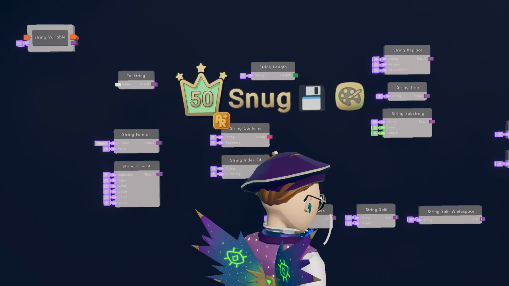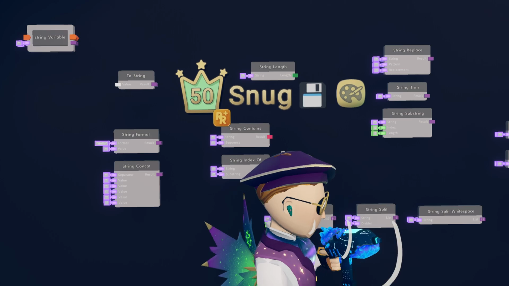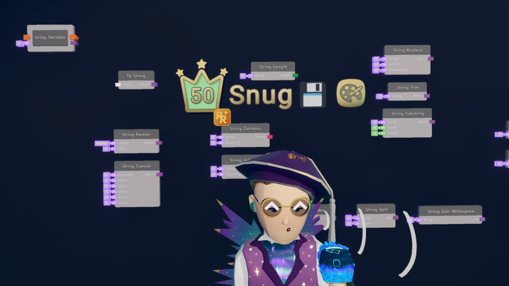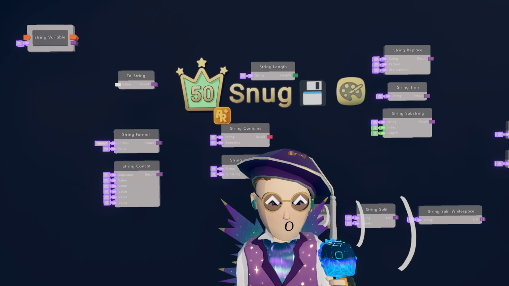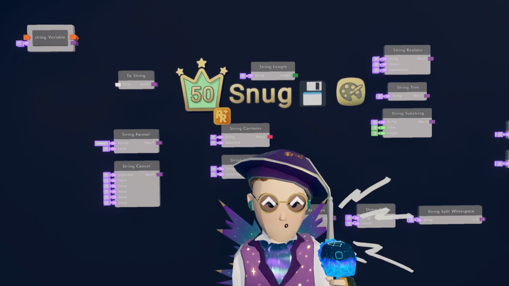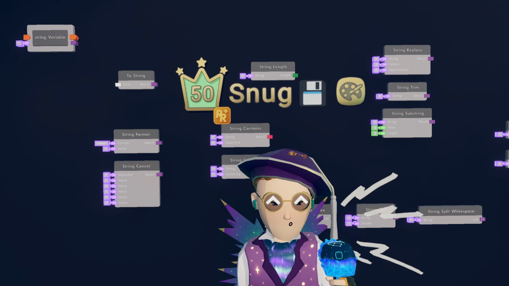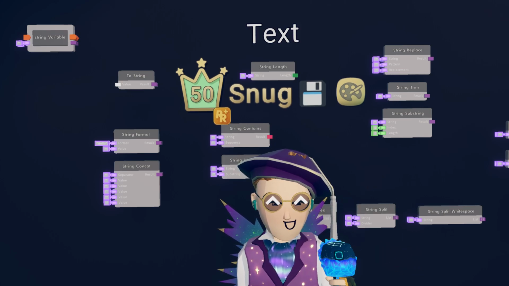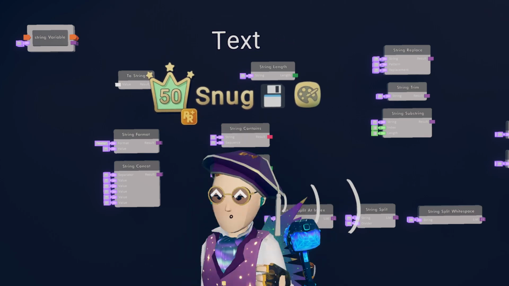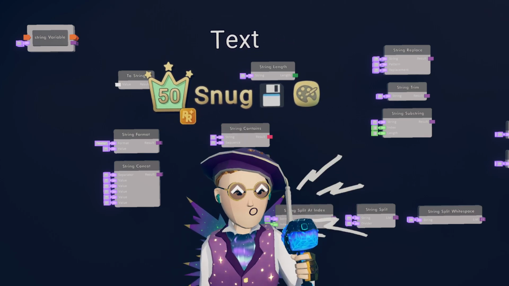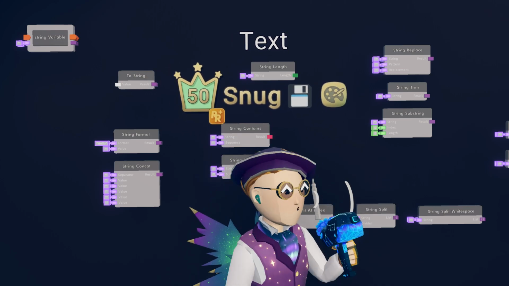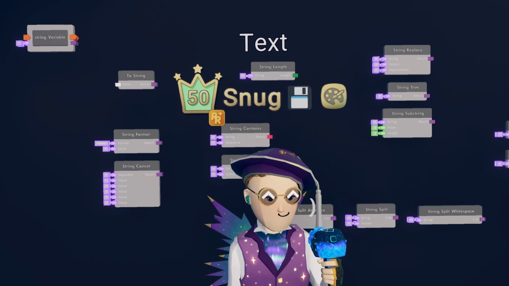Here we have string split. The way string split works is you put your string in the top, and then you put a second string, and this will look for certain things in there. Whatever you set it to look for, it'll look for that. You could just put a long string in there, and then make the second string an A, and then it will get rid of the A and split it into a list.